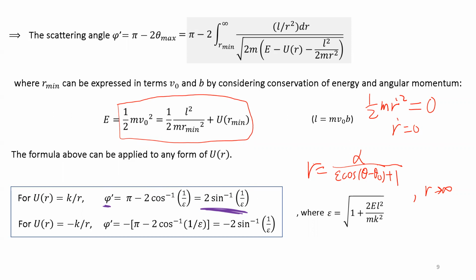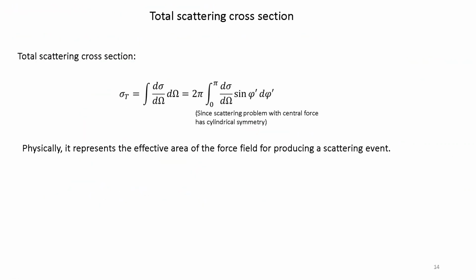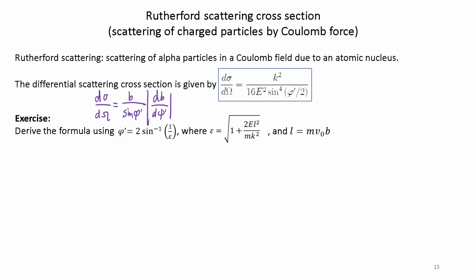So if I say that phi prime is equal to 2 arcsine of 1/epsilon, that is equivalent to saying that sine of phi prime divided by 2 is equal to 1 divided by epsilon.